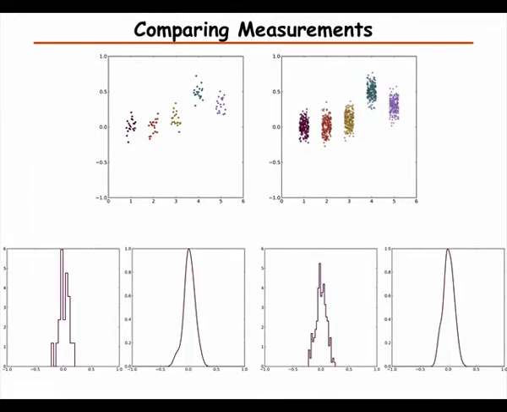But then if we instead compare either histograms or kernel density estimates, this is the histogram that corresponds to the first 20 data points, and that's the kernel density estimate for this data set.